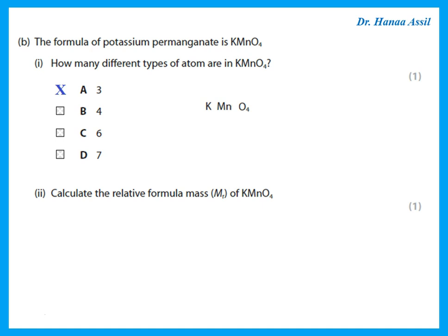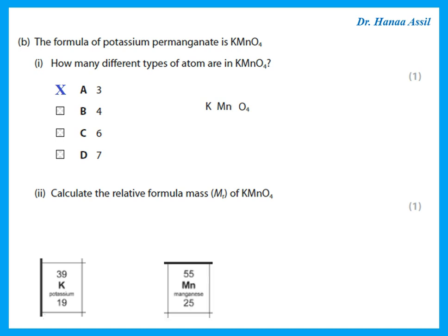Calculate the relative formula mass of KMnO4. How do we calculate the Mr of something? We look at the periodic table, and now we're looking at what? We're looking at the mass number of each one. That means I'm looking at the big number of each one. So potassium has a mass of 39. Manganese has a mass of 55.